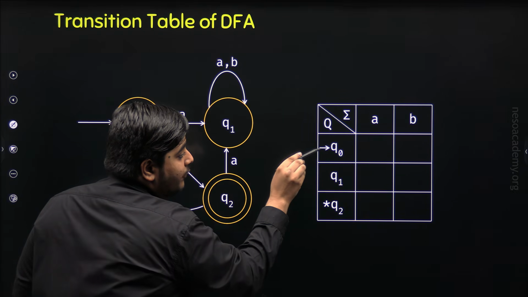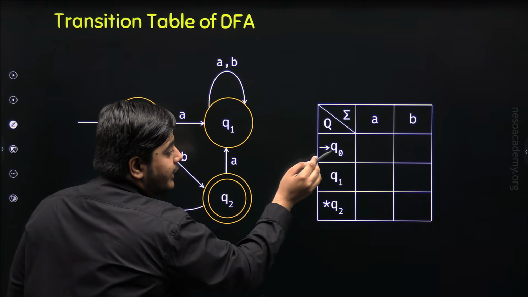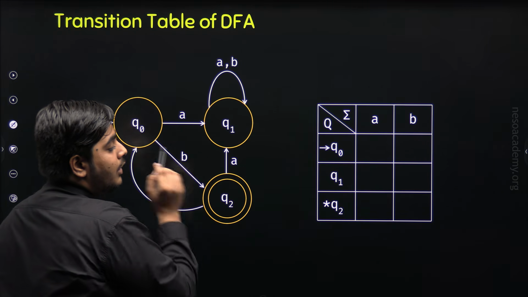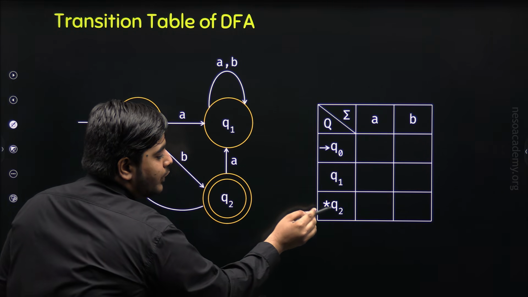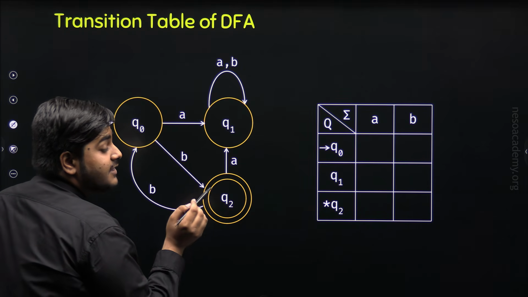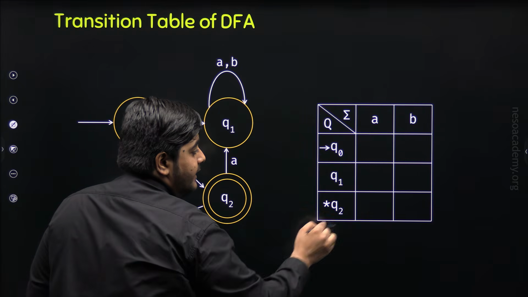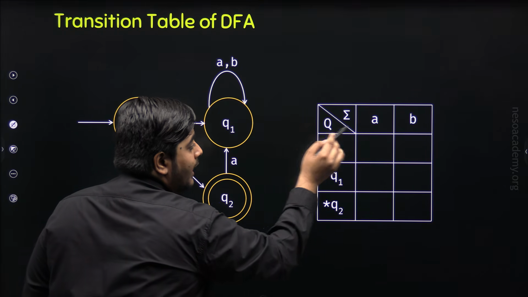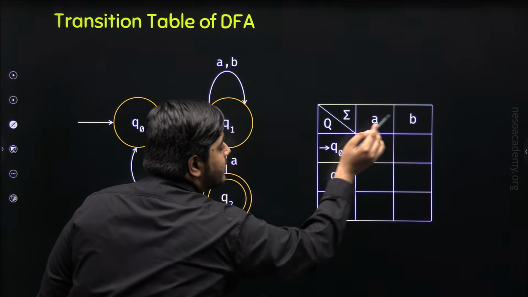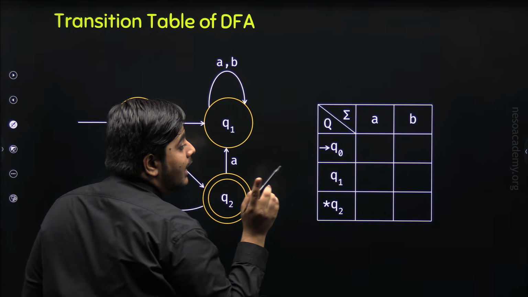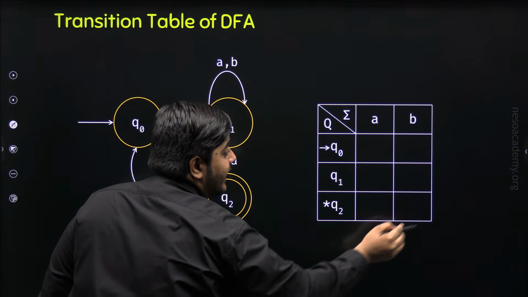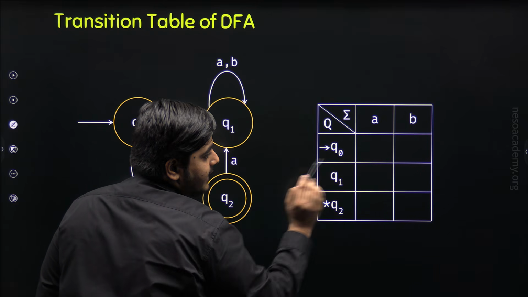Now this arrow before Q0 represents that Q0 is the initial state, while this asterisk before Q2 represents that Q2 is the final state in the DFA. These are the current states, represented by Q, and these are the input symbols, represented by sigma. Now we will fill the next states in these empty cells.